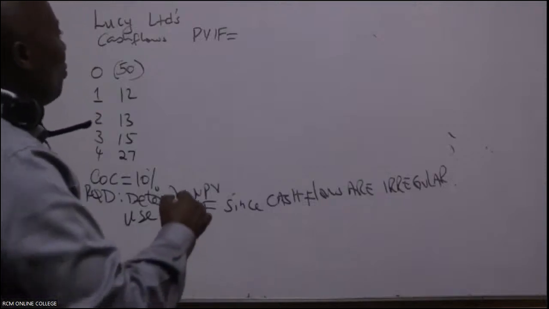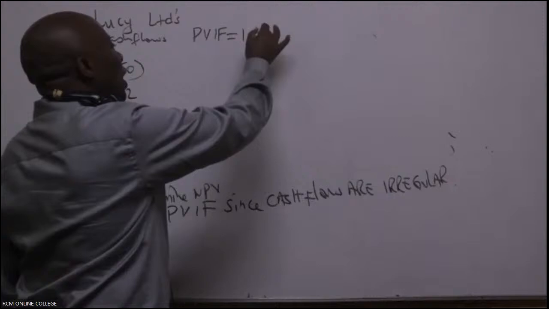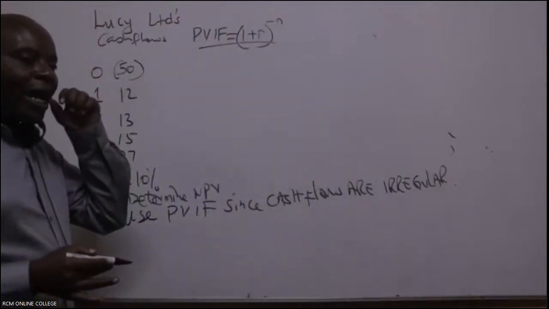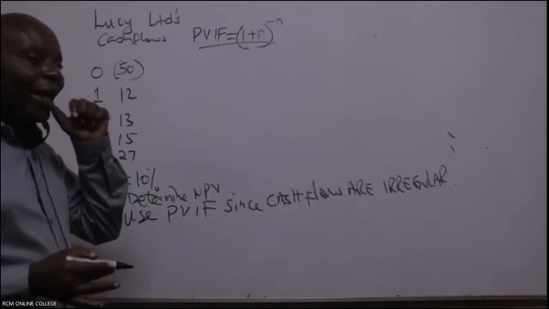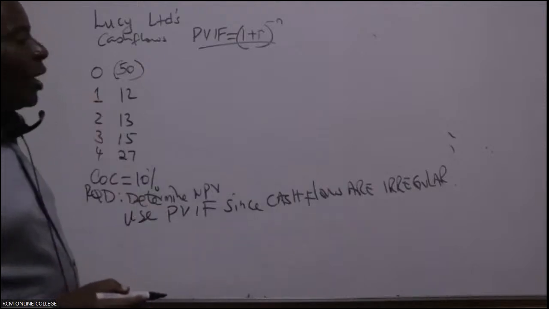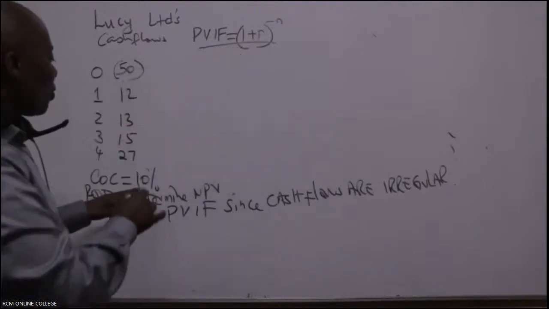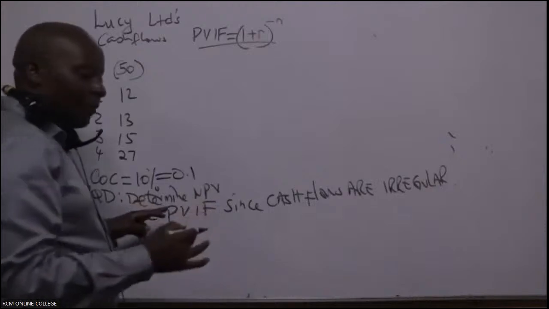I know the formula is 1 plus r raised to negative n, where of course n is the period. Like in this case, r is 10%. This 10% is the same as 0.1.